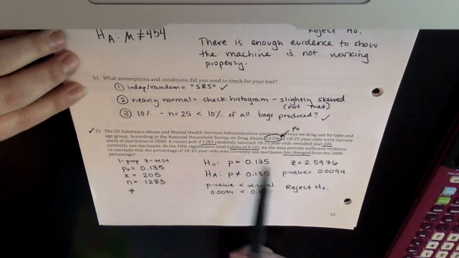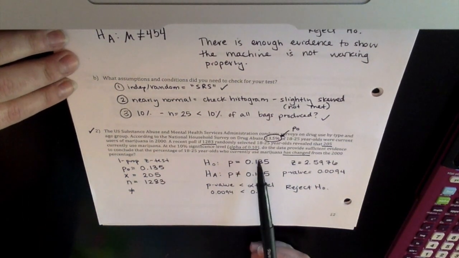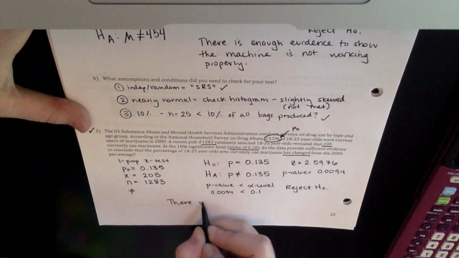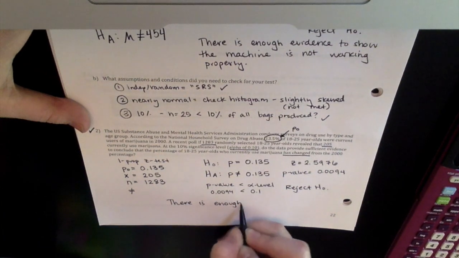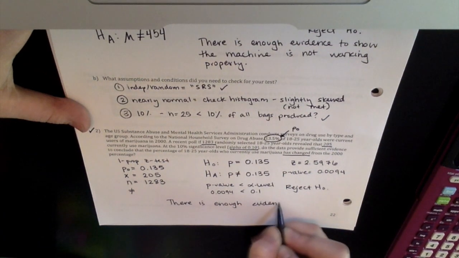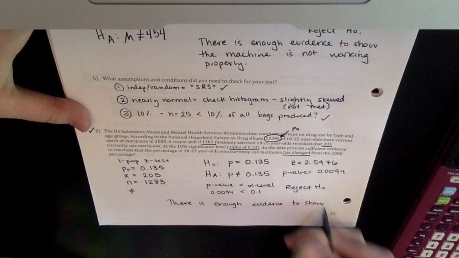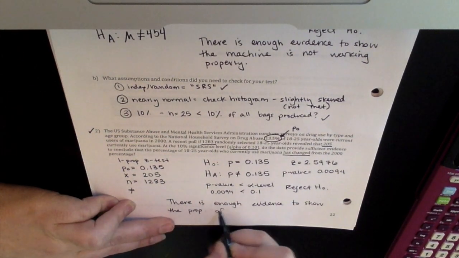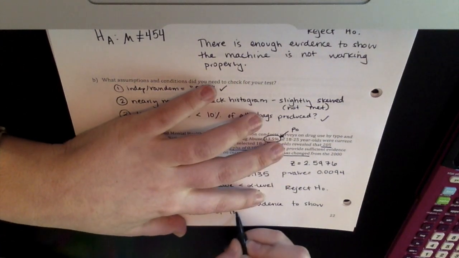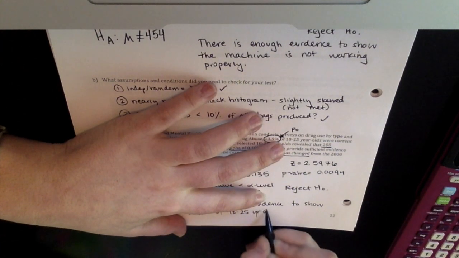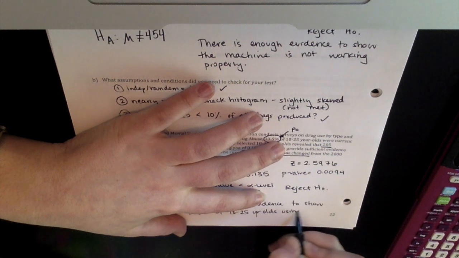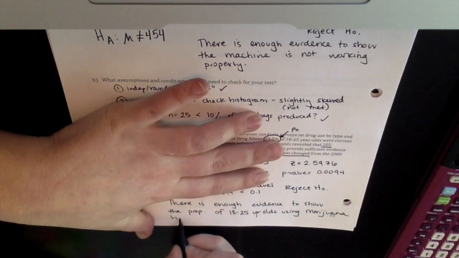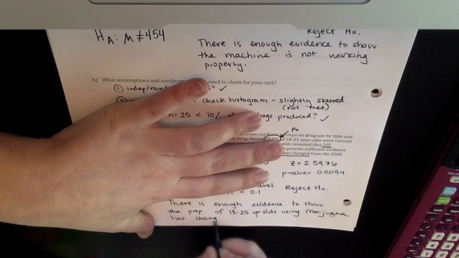So we do have evidence to show the current percentage of marijuana users has changed. So there is enough evidence to show the proportion of 18 to 25-year-olds using marijuana has changed.